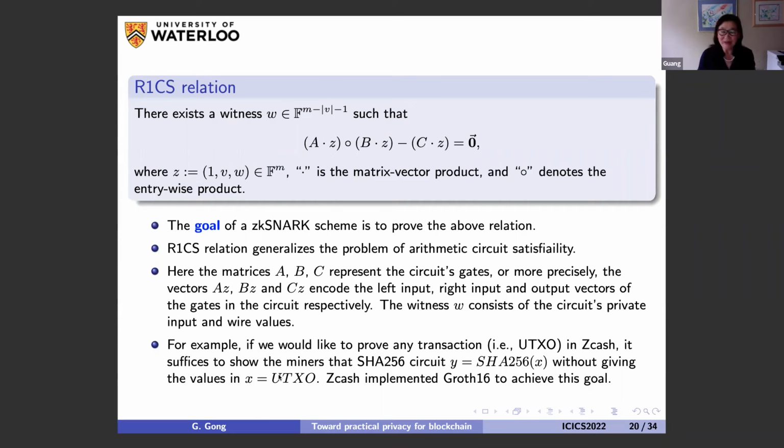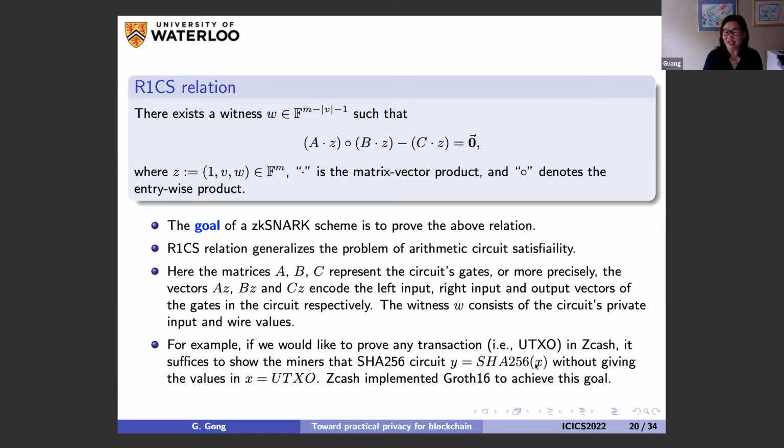For example, if we want to prove any transaction, UTXO in Zcash, currently they're using SHA-256. So basically we want the prover to give you Y, which is the output of SHA-256, where X will be here, just the input part of the W. So how can you hide this?